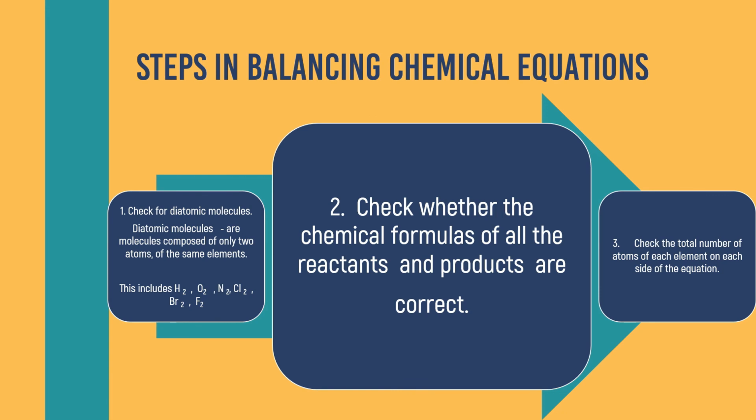Step number 2, check whether the chemical formulas of all the reactants and products are correct. You need to double check if the chemical formulas are correctly written, because your chemical equation will not be balanced if one of the chemical formulas in your equation is not correct.